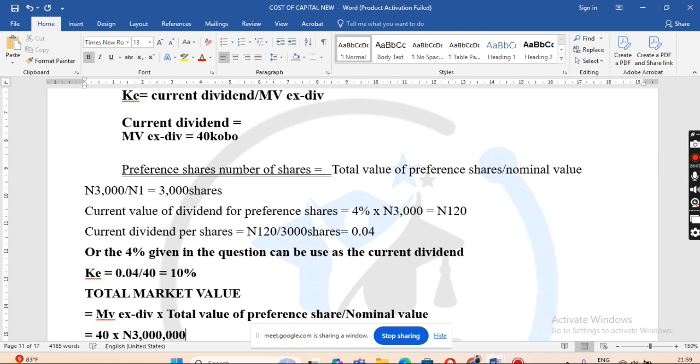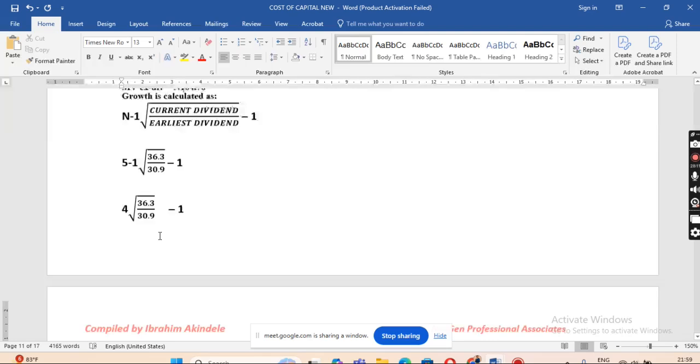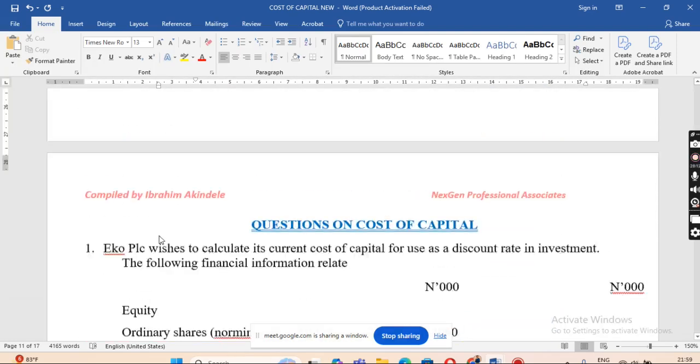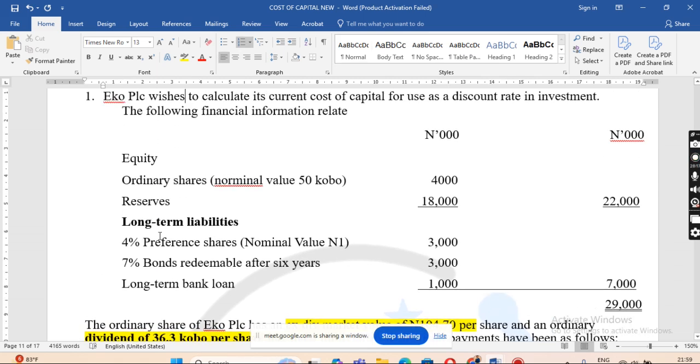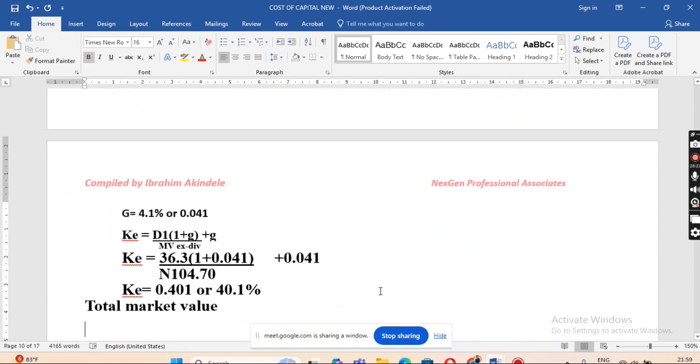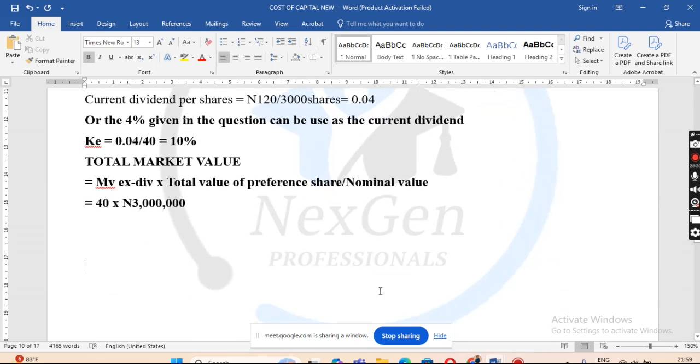Don't forget that it is given like that. Let me show you in the capital structure. You can see the preference shares, you can see 3 million. Now, divided by the nominal value.